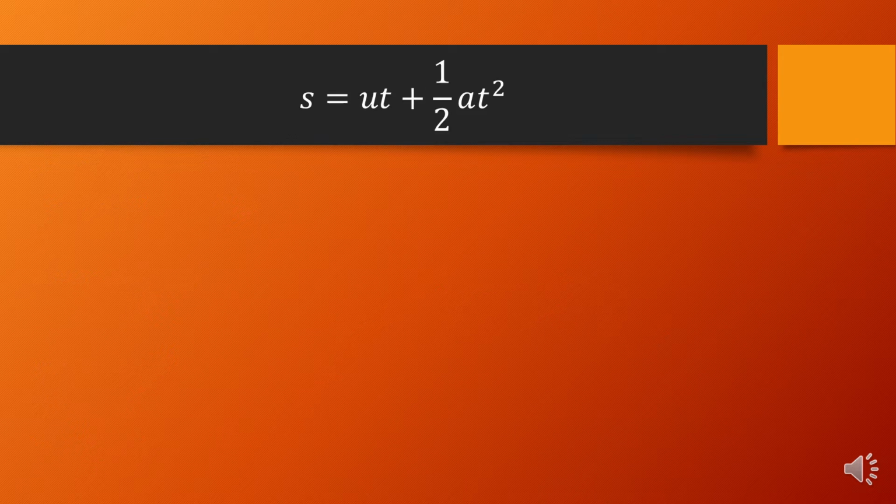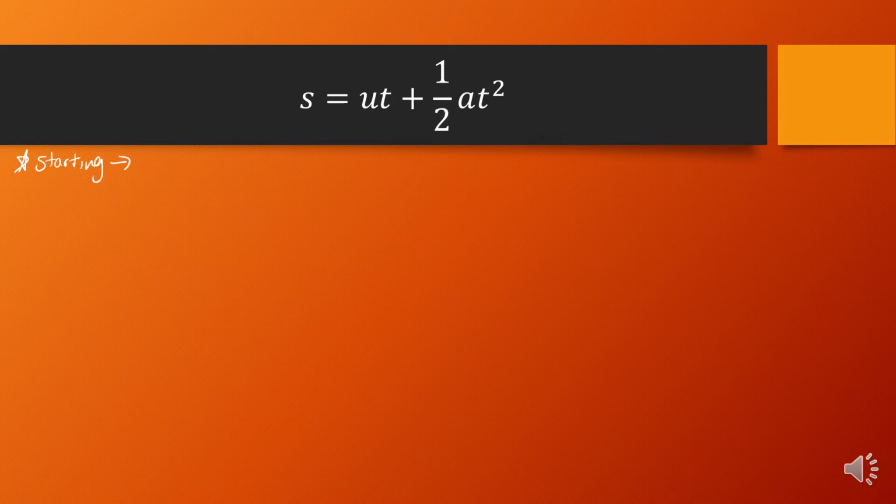So our second equation of motion is s equals ut plus half at squared. You can guess there's a little more to this derivation, and the first thing to do is to see what is the starting point of this derivation, and this is something you need to remember.